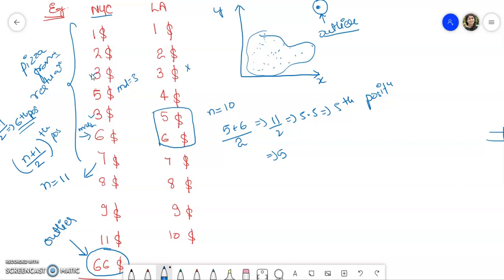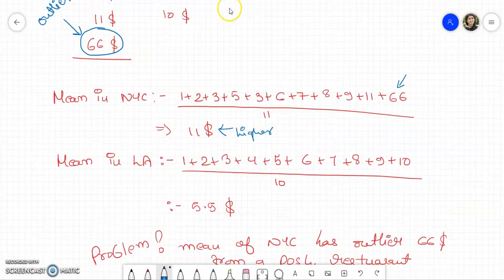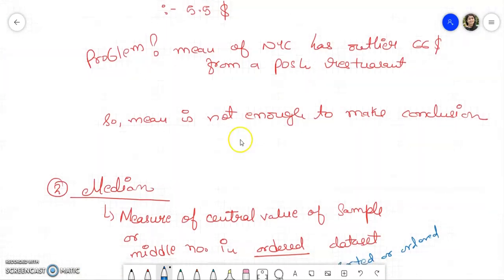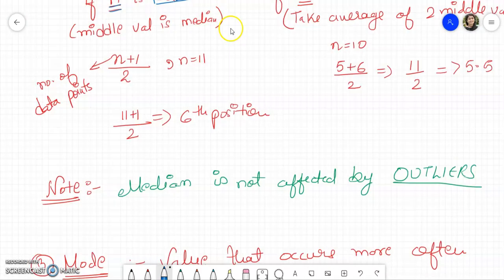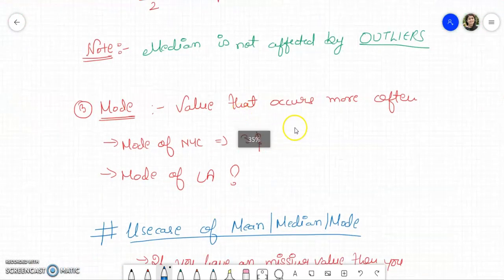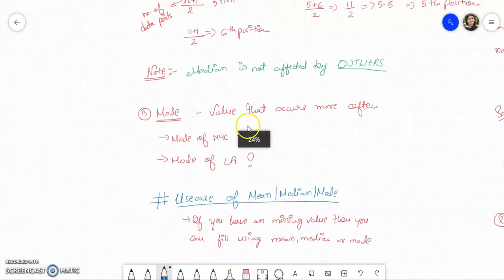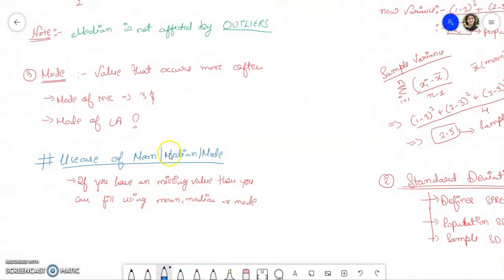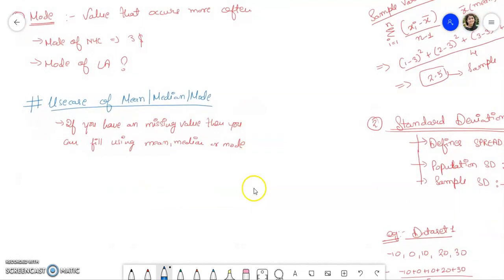So this is all about measures of central tendency, and these concepts are very easy to understand. Also, there are use cases. What are the use cases of mean, median, and mode? If you have a missing value in your data set, then you can replace it using mean, median, or mode.